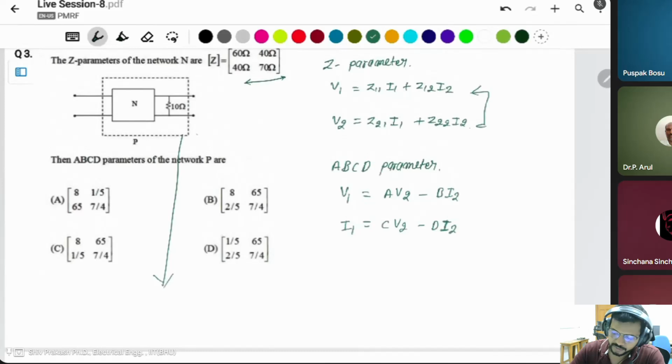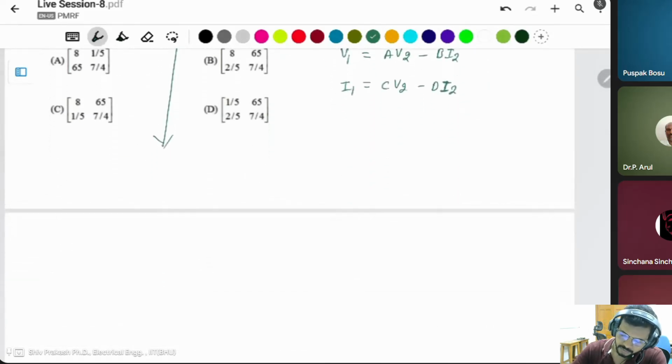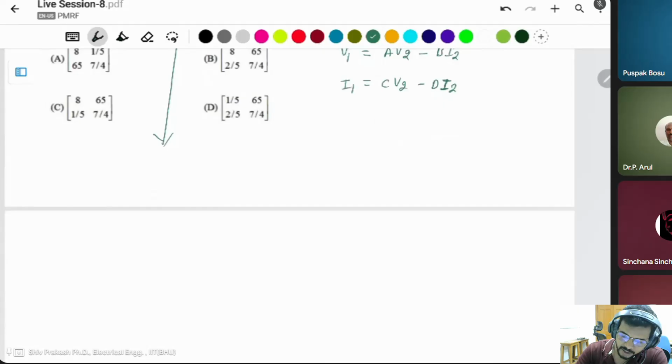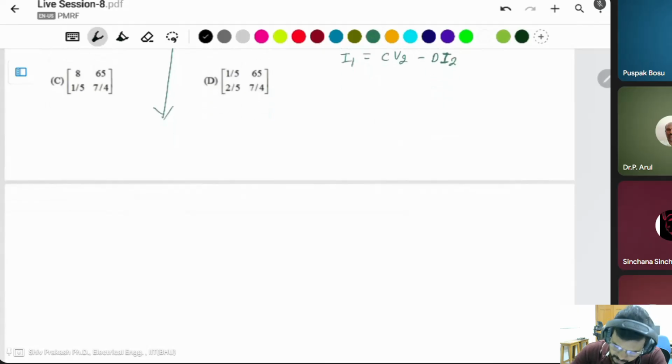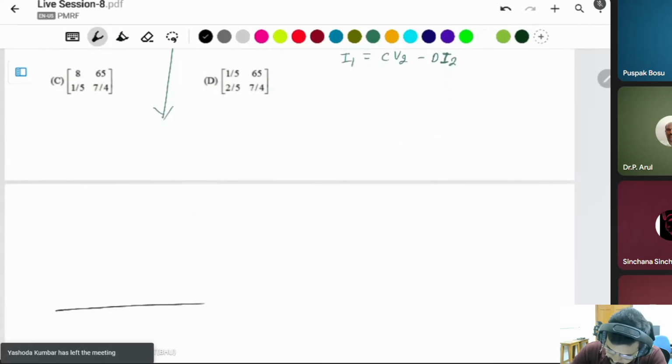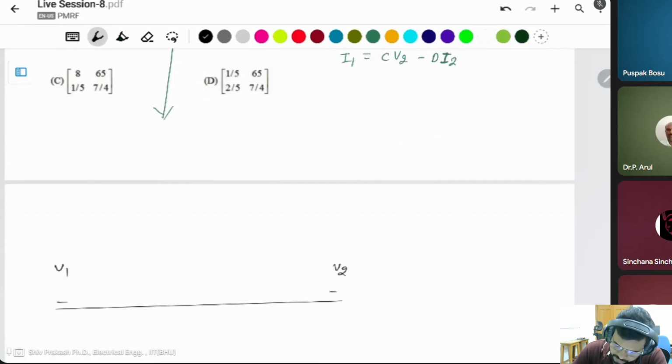Same circuit as the previous one. Negative part is common to all, in V2. Positive part, this one is Z11.